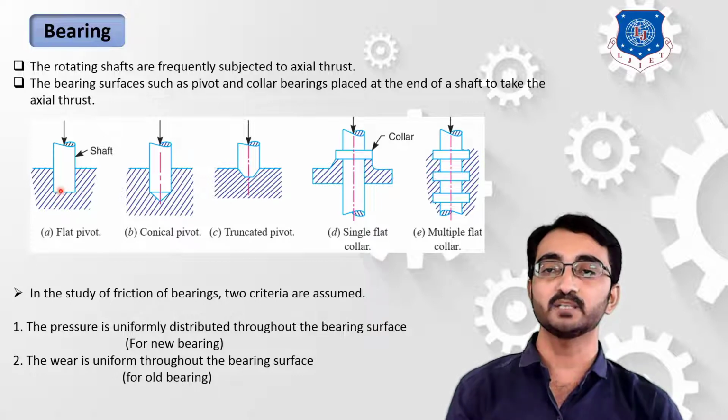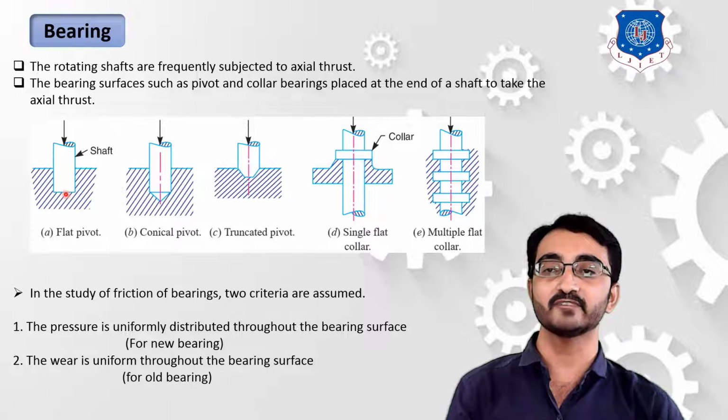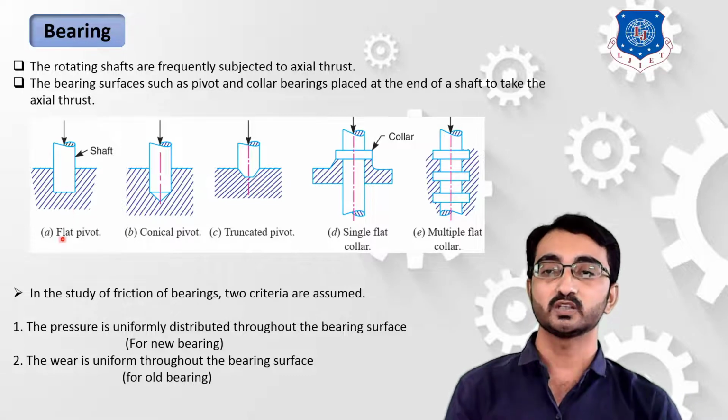It may be possible that at certain positions the pressure will be high and at certain positions it will be low. So in that case we have to assume the second theory, which is known as the uniform wear theory. Here we assume that the entire contact surface between the shaft and the bearing has uniform wear. So these two criteria are very important while designing a bearing.